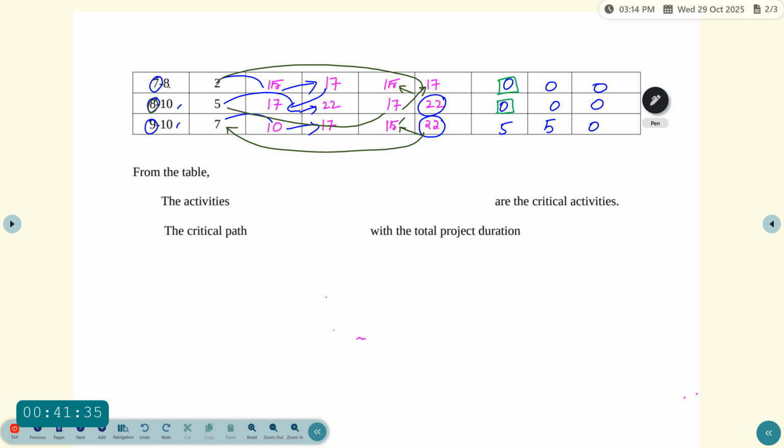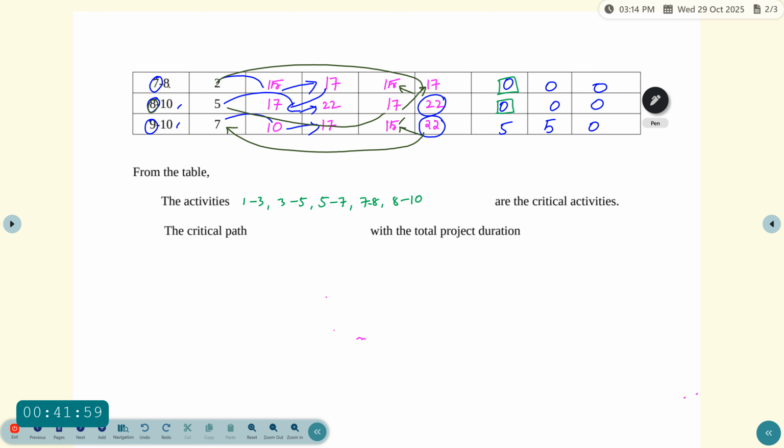The first is 1 to 3, another 3 to 5, next 5 to 7, then 7 to 8, and the last one 8 to 10. So these activities are critical activities and also the critical path.